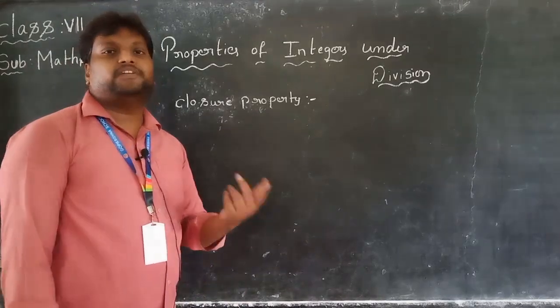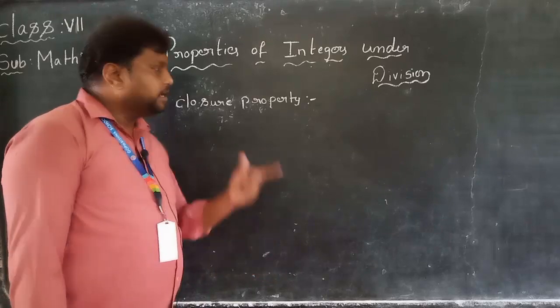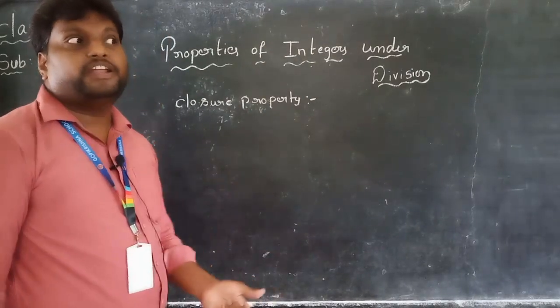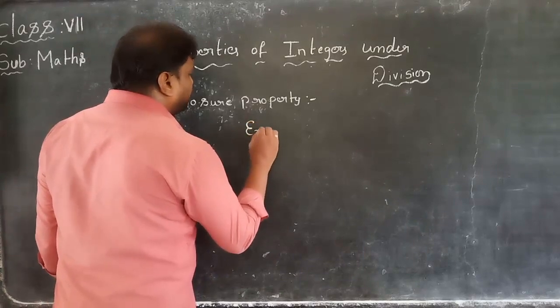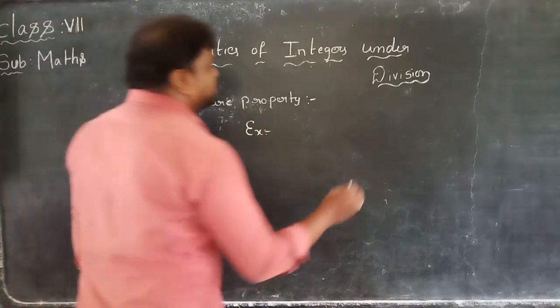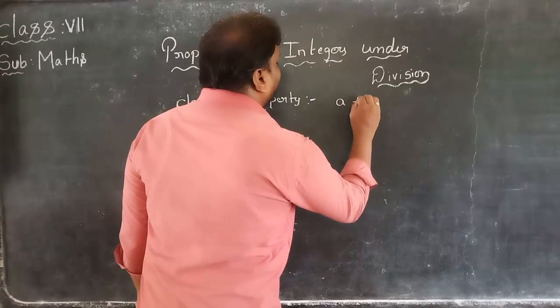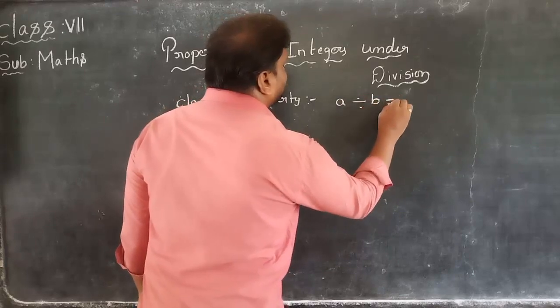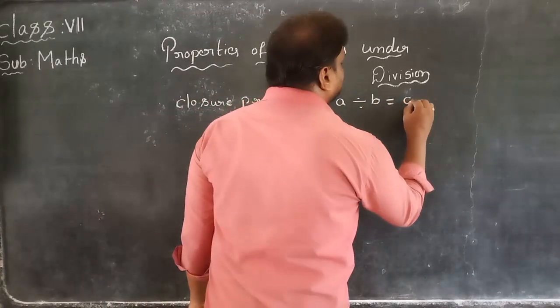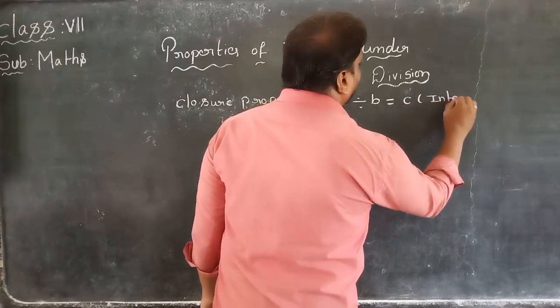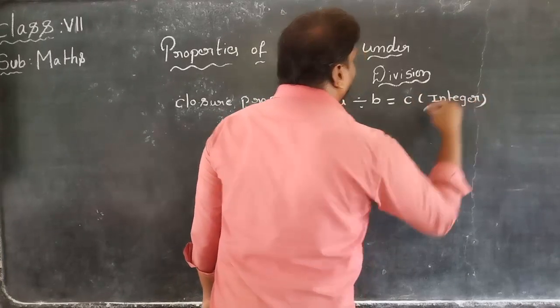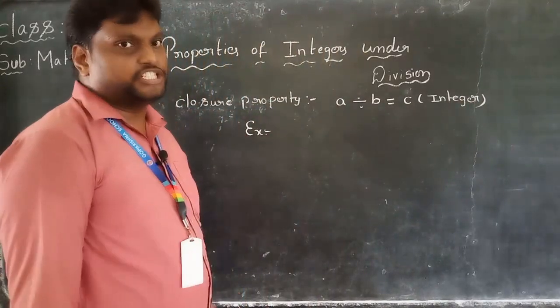Like that, the difference between any two integers is also an integer. In that way, is the ratio between any two integers also an integer? For example, first I will write the statement: A divided by B is equal to C. We want an integer. We'll check whether an integer is possible or not.